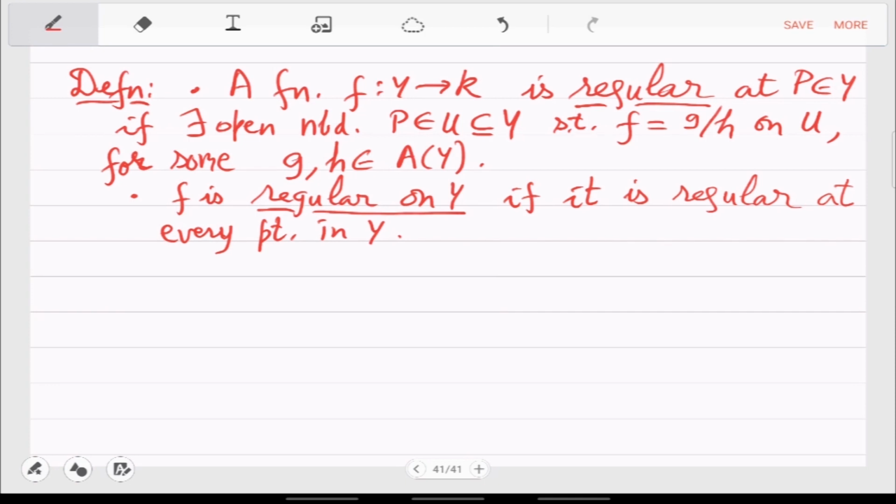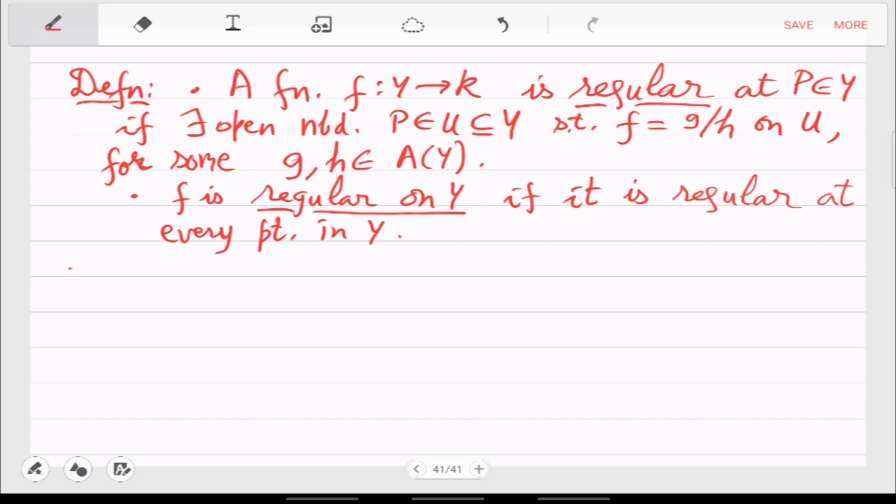Is that clear? So we just wanted g by h, but we define it point by point. And instead of just at a point, because a point is a closed subset, it's not really a neighborhood, so we actually pick a neighborhood around it. So the data here is a point, a neighborhood, and g, h.